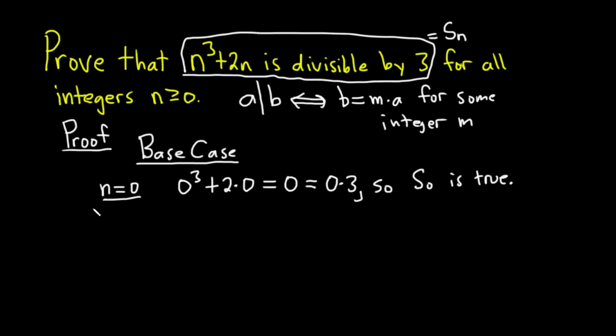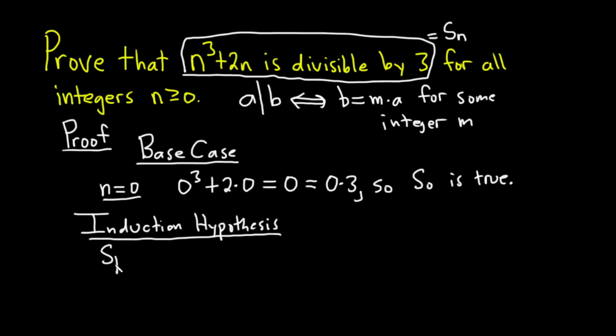In the next step, we're going to assume that our statement is true for some integer k greater than or equal to 0. This is called the induction hypothesis. In this step, all we do is assume that this is true for some k.